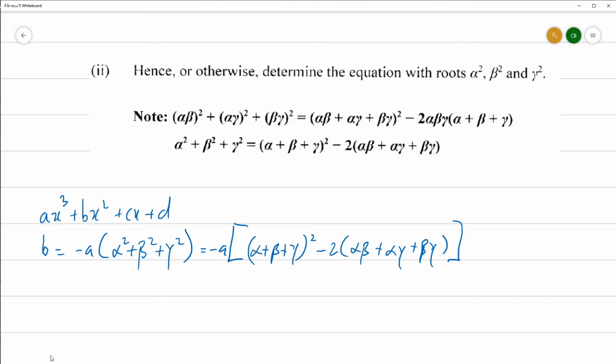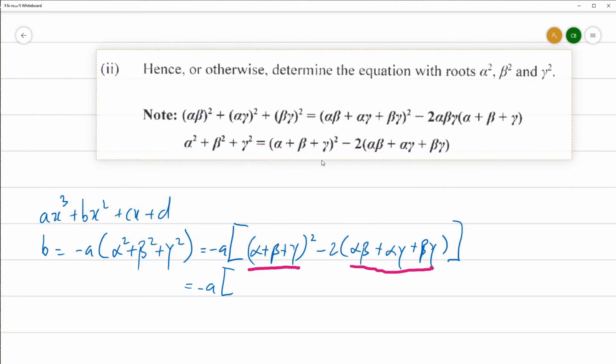Now we are lucky, well, the question is designed like this, that we actually know the value for this and we know the value for that. Right, so this is equal to minus a, alpha plus beta plus gamma. We got the answer for that higher up.